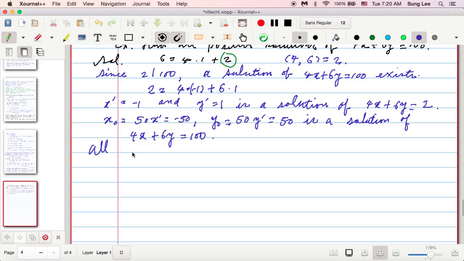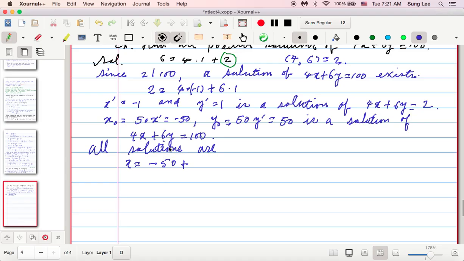So all solutions are then x equals x naught, negative 50, plus b over d, where d equals 2.